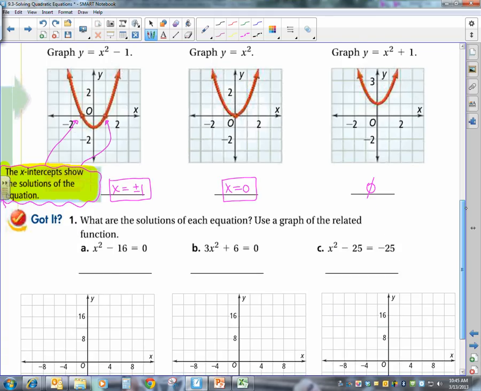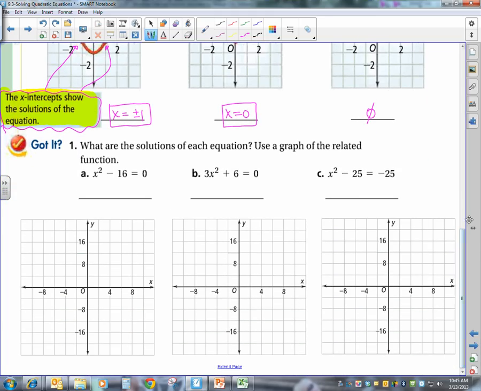Okay? Moving on to another type, or in the same aspect. Those are given graphs. Sometimes they say what are the solutions of the equation, and they want you to graph the related function. So if I am graphing the related function for x squared minus 16 equals 0, then I need to graph x squared minus 16 equals y.